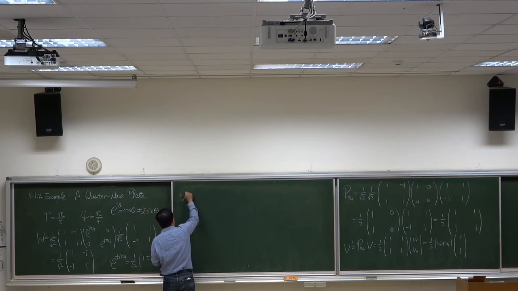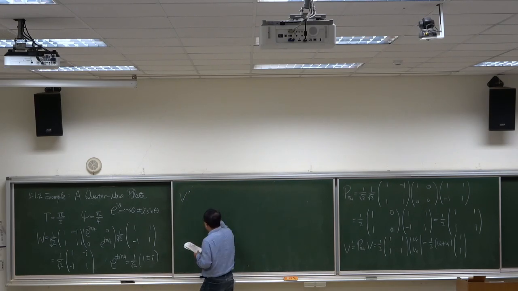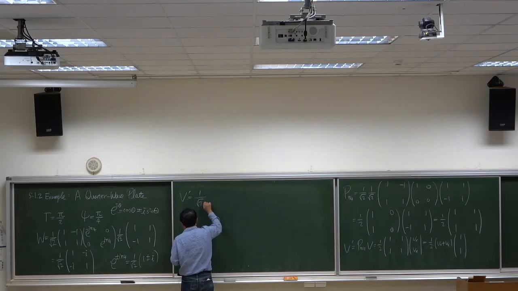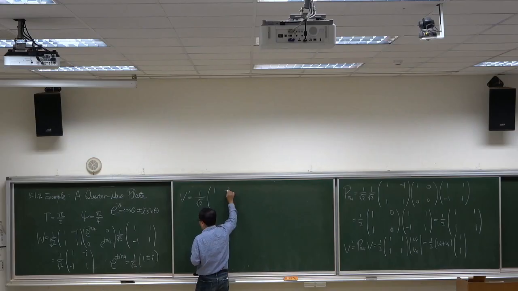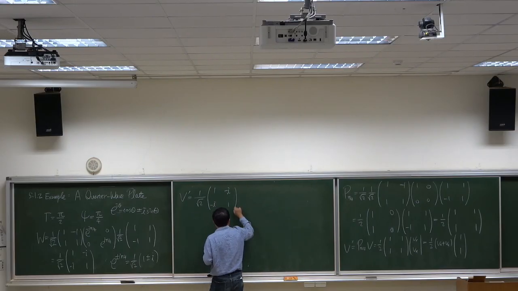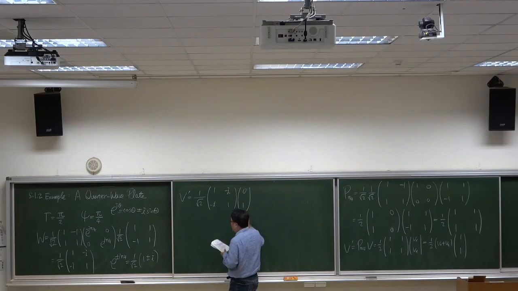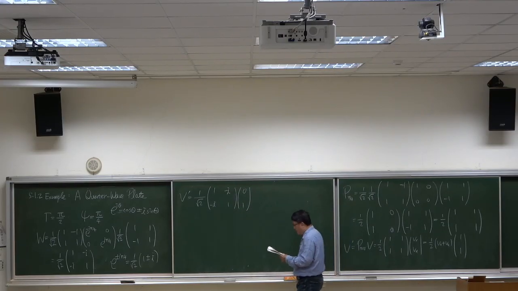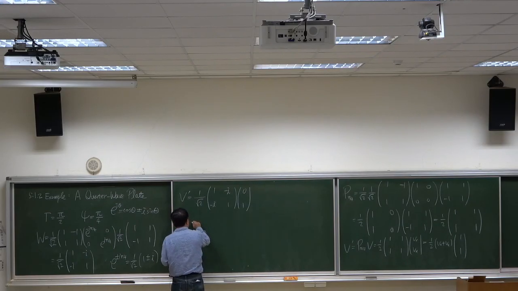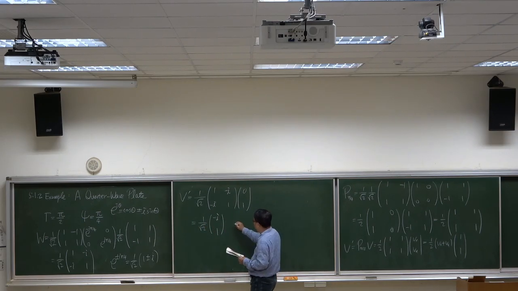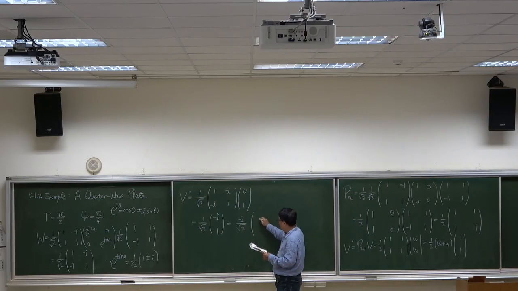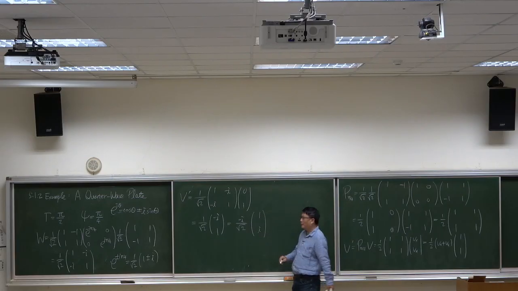So we see for quarter wave plate we have this W, and the final polarization is equal to this, 1 minus i, 1 times 0, 1, minus i 1, and we can factor out this minus i to get 1 i. Okay.